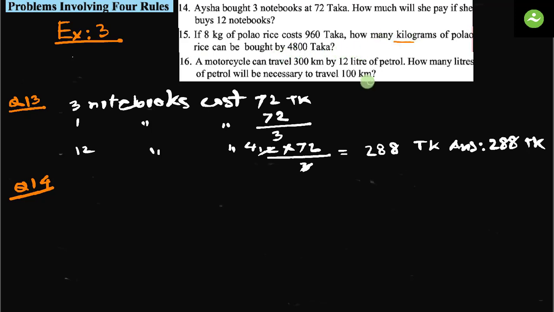Kilograms. So we can rewrite this sentence. Put the kilogram on the right side because we have to find the kilograms, not taka. So we put the taka on the left and kg on the right. Instead of saying 8 kg pulao rice cost 960 taka, we can say by 960 taka we get 8 kg pulao.